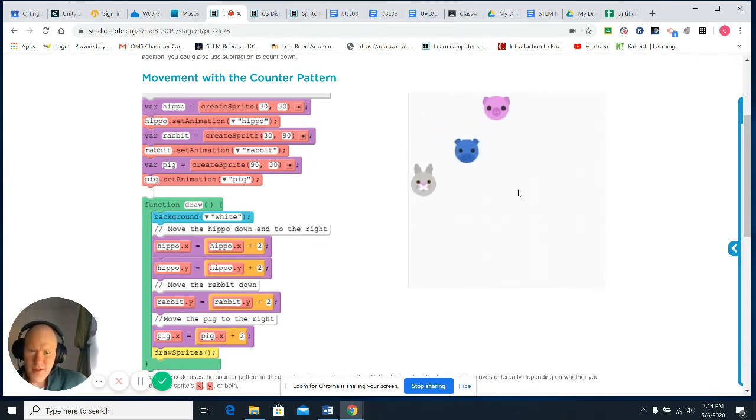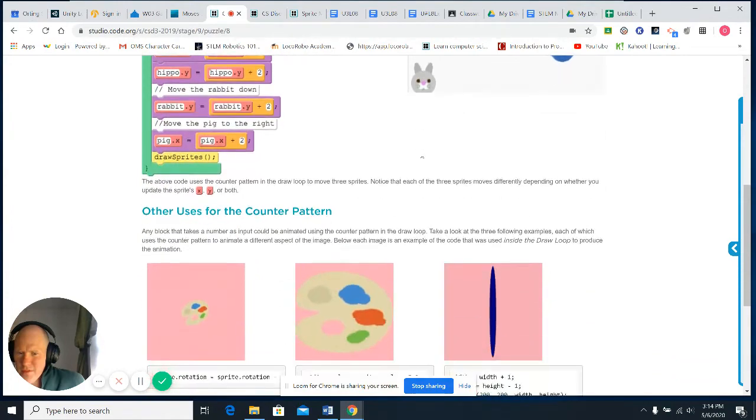That's the one that's going this way. It's moving diagonal. Rabbit y equals rabbit y plus something. That's the one that's moving down. Rabbit just down. Only the y is changing. And then pig x equals pig x plus 2, which makes it move to the right.